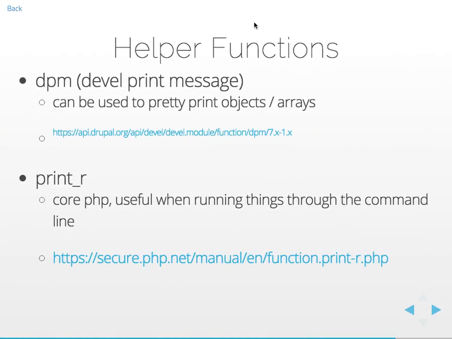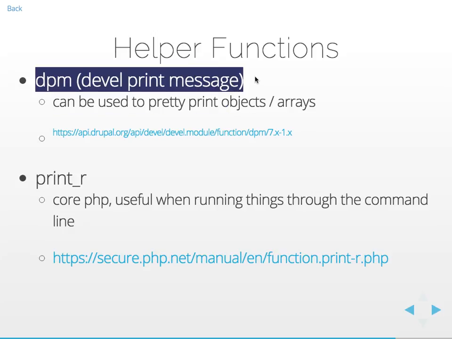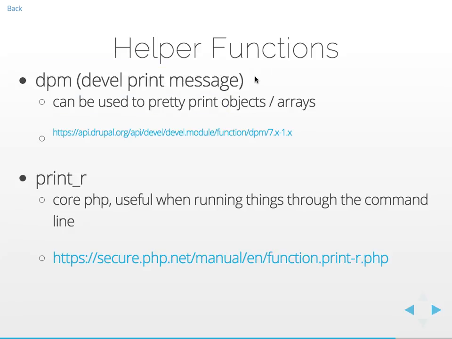Okay, a quick note on helper functions. This is more for Drupal 7, because once you get into Drupal 8, you're going to want an interactive debugger. But for Drupal 7, Devel has a dpm function. It uses Drupal's messaging API to queue up a message, and it helps you pretty print objects and arrays, which is very helpful. When I say pretty print, I don't just mean pre-formatted with indentation.